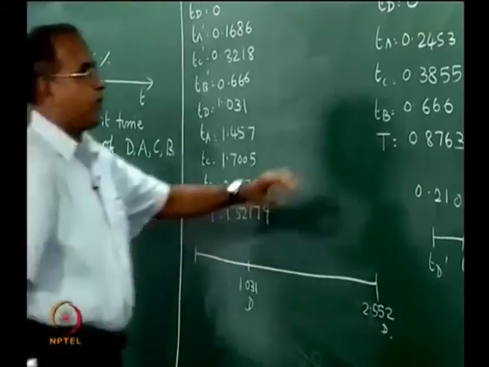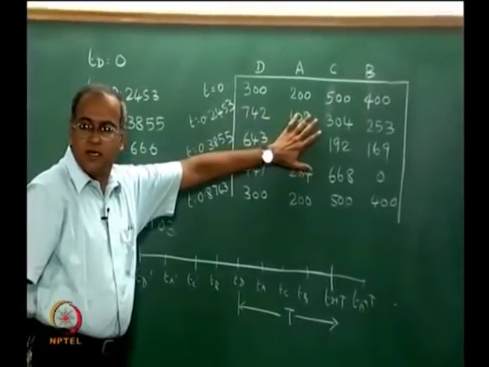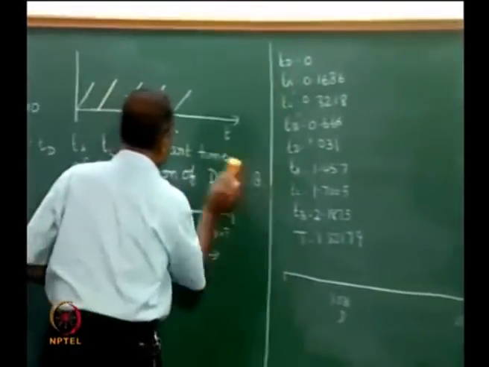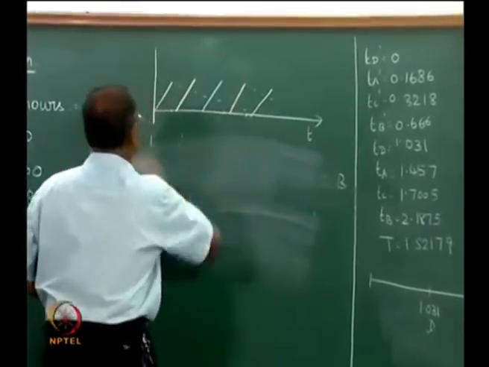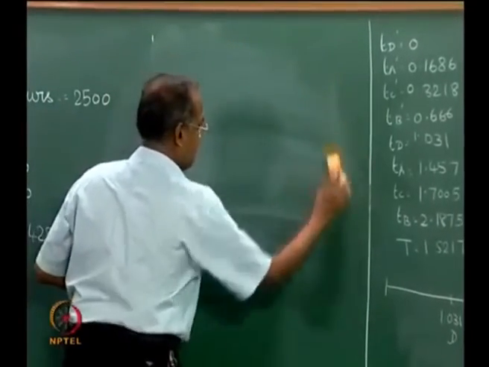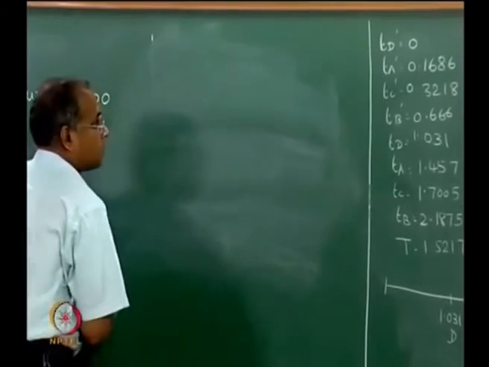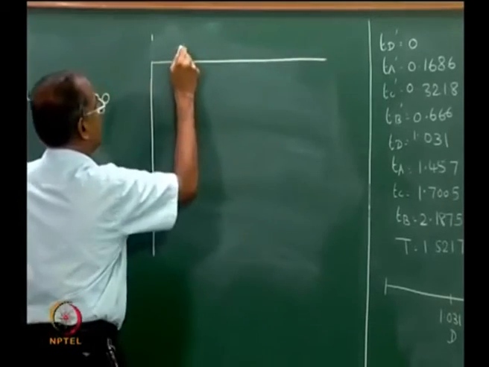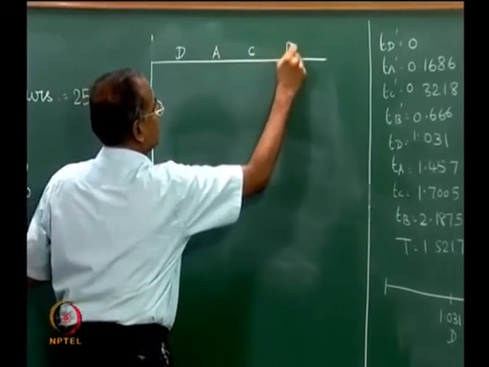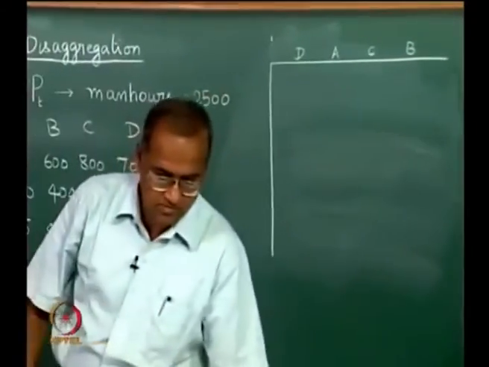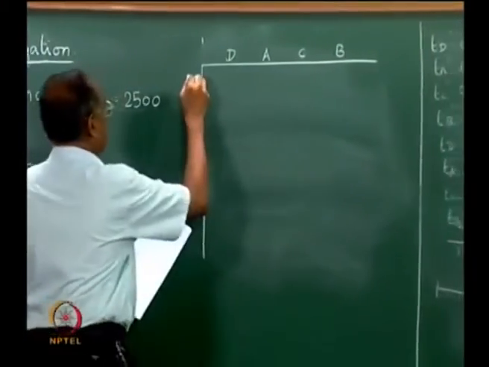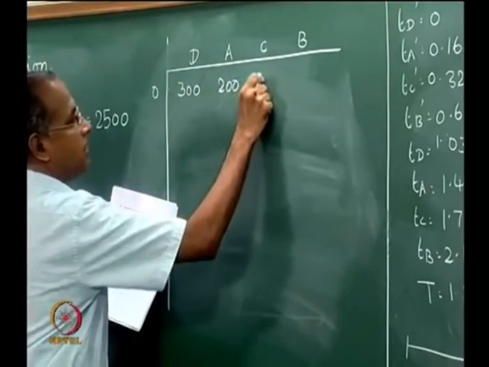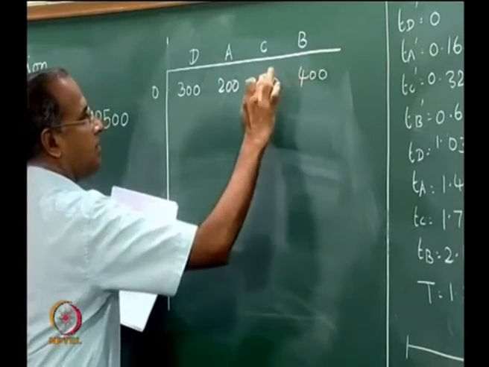Now, it is also possible for us to draw a similar chart here to understand the inventory positions, and let me just quickly give you the values. So, at time equal to 0, it is 300, 200, 500, 400.